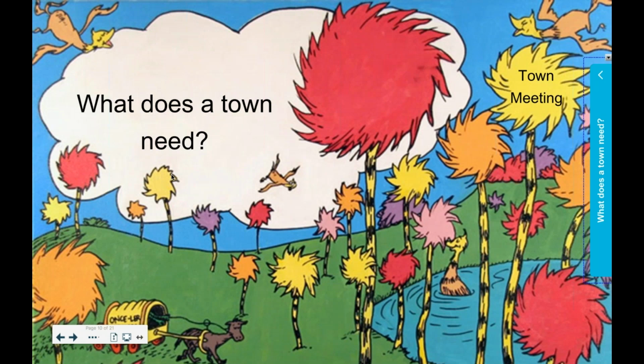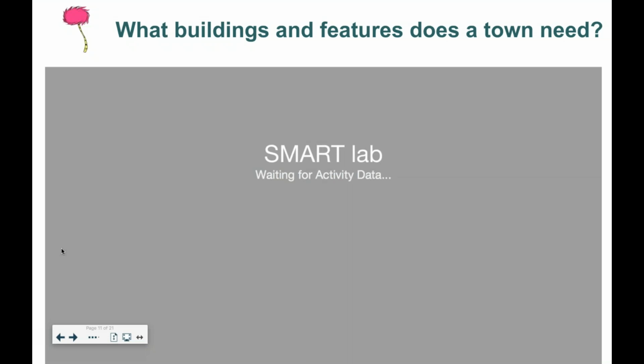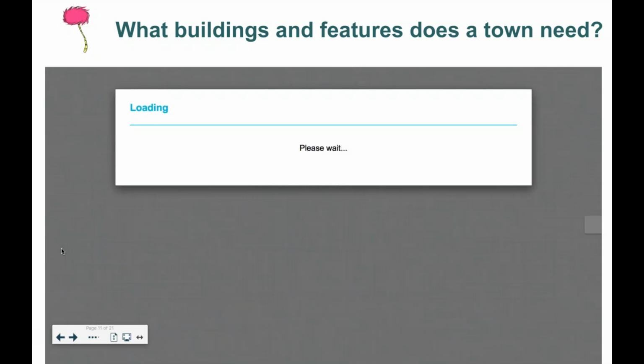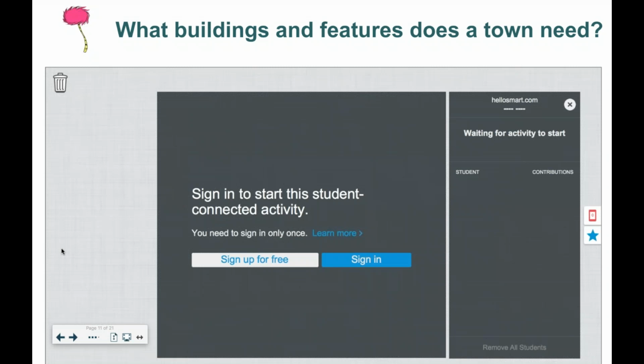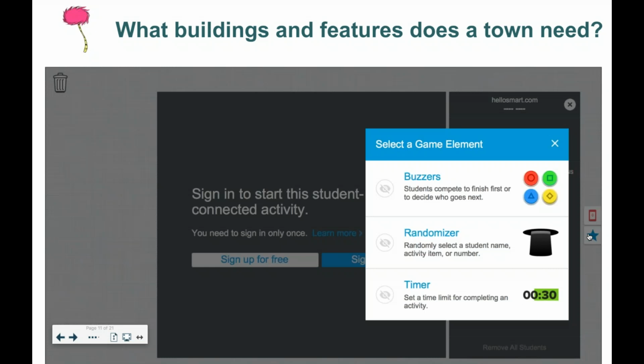This was just a jumping off point for students to be inspired for some authentic learning happening in the classroom. They would then go onto the iPad and brainstorm and share what buildings and features a town needs. They would share all of their ideas, build off of each other's, and be inspired by each other to then go and actually create this town.